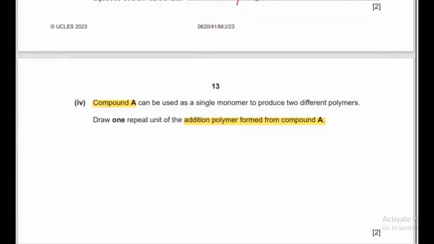Now, compound A can be used as a single monomer to produce two different polymers. Draw one repeat unit of the addition polymer. Addition polymerization is due to the presence of a double bond. If we want to draw a single repeat unit, this is A, which contains a double bond.